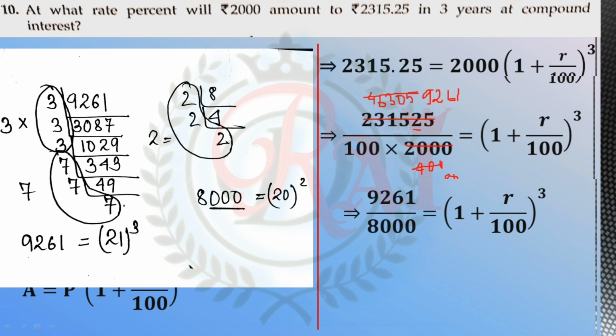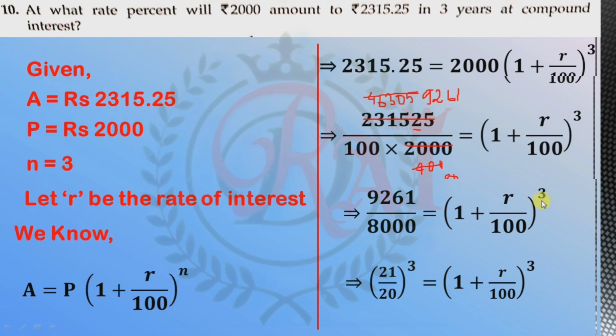There is a rough work where you can see 9261 can be written as 21 cube and 8000 as 20 cube. So instead of cube, if we have a power of 4, we convert it to square. In this case we have a power of 3, so the left hand side numbers, 9261 and 8000, will convert into cubes according to the laws of indices.